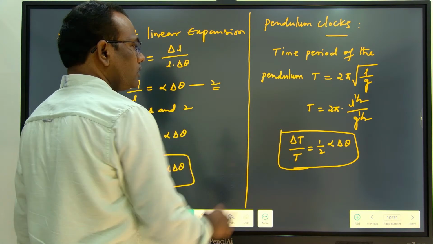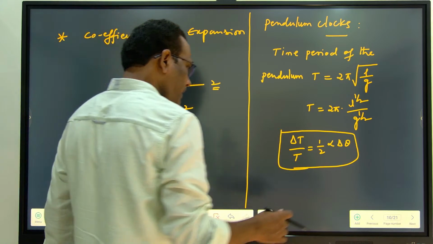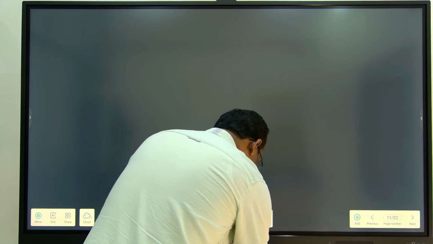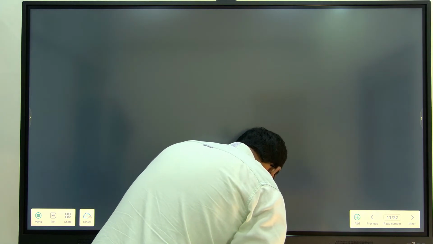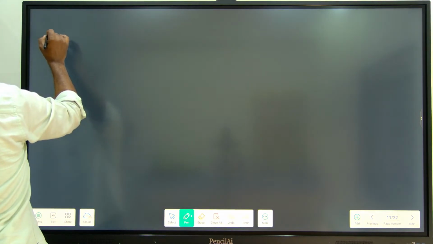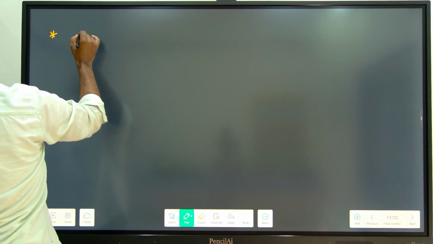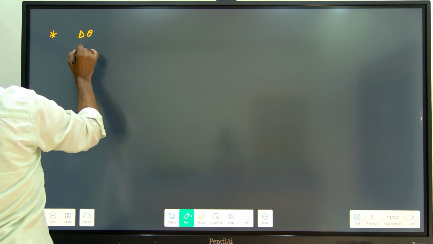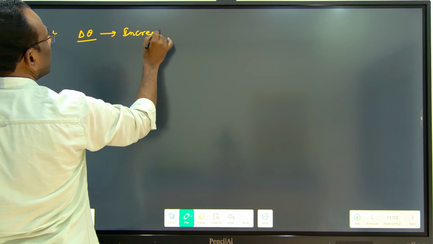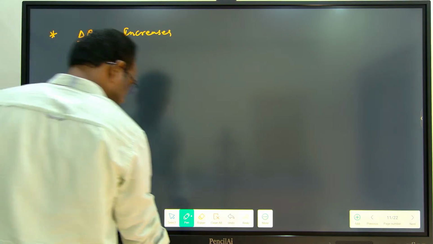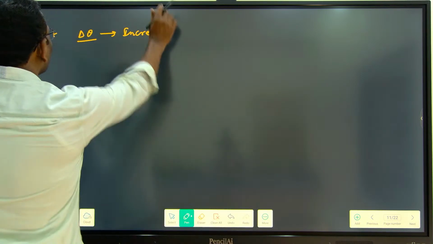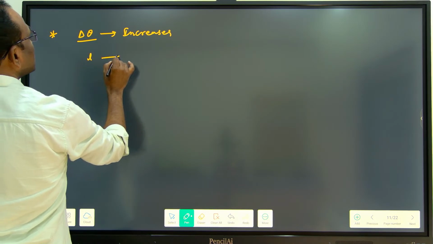For example, if temperature increases, what's happening? If delta theta increases, the length of the pendulum increases.